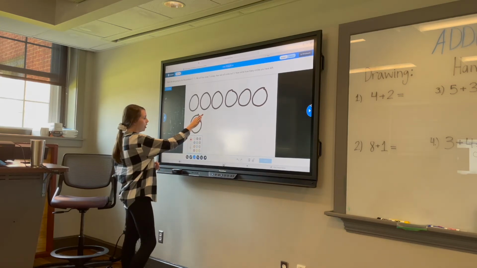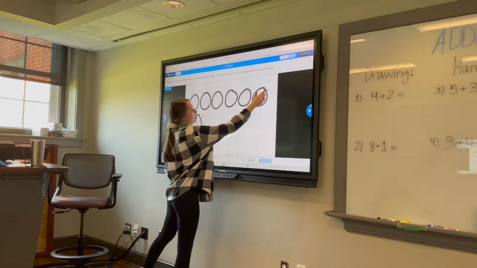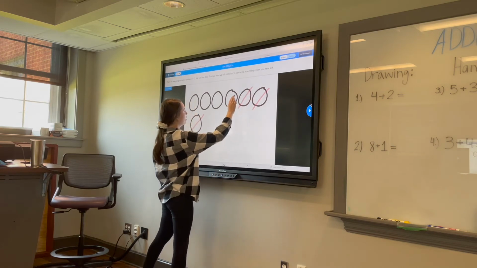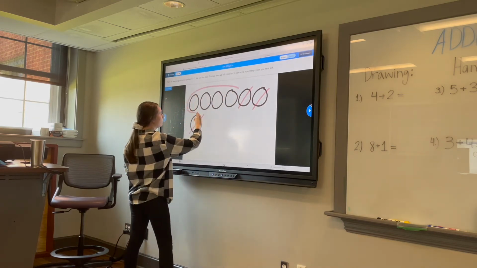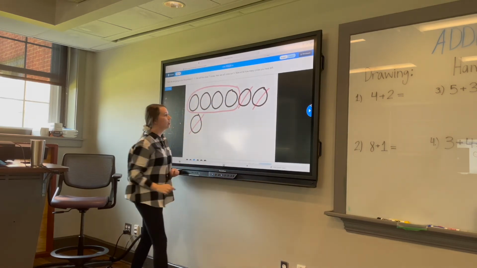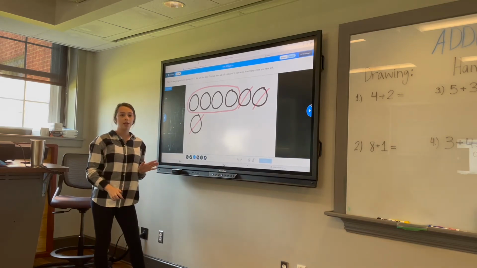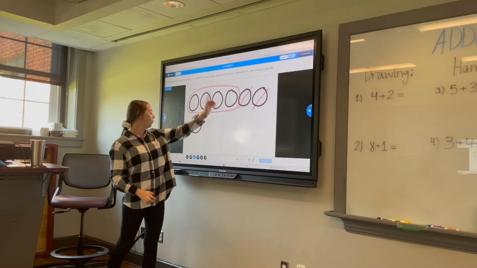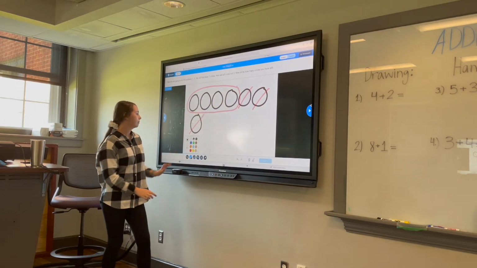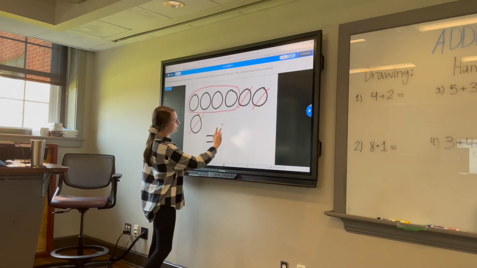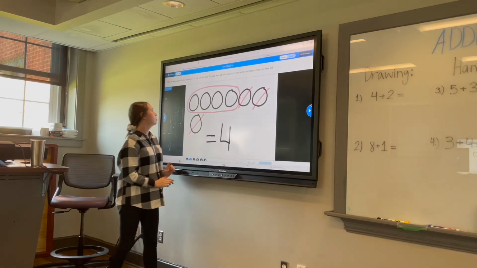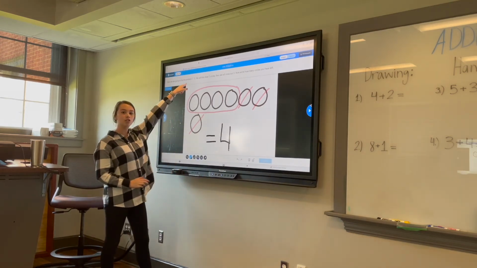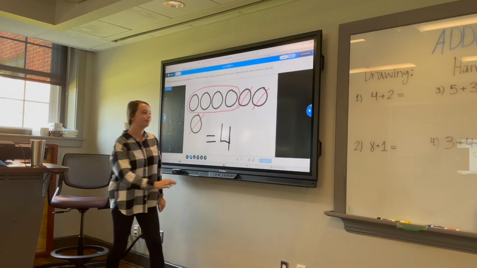So we're going to cross out our 3. 1, 2, 3. We can see the circles we have left are these circles. So we're going to count them to see how many we have left. 1, 2, 3, 4. We would know then that the answer to our problem equals 4. So the answer to the problem, 7 minus 3 equals 4.